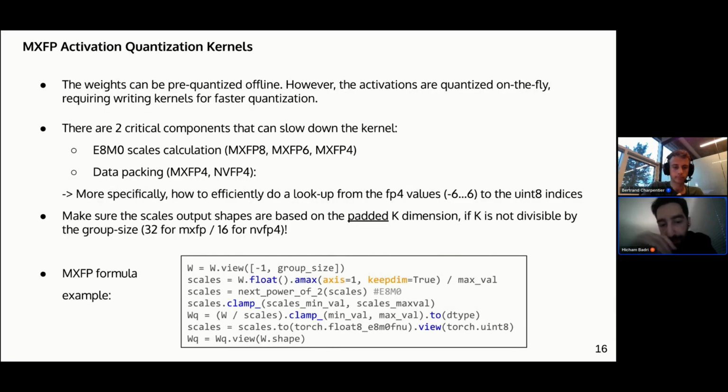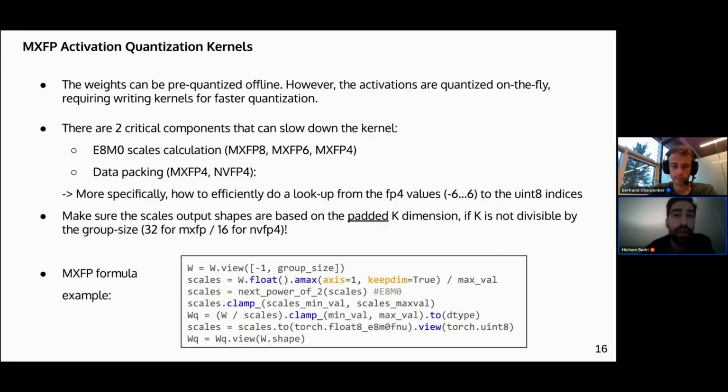It's very simple on the PyTorch side, but there's a lot of stuff missing here because there's no padding. If you want to quantize the weights, this could be a nice piece of code to do it. But for activations, as I said, you need to do some padding. And for FP4, as I said, we need to do the mapping to the indices, and we need to do the packing.